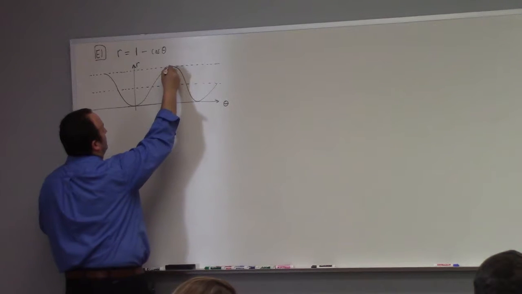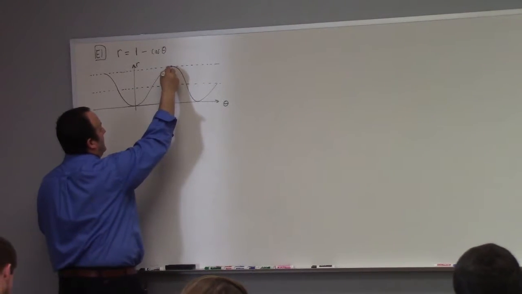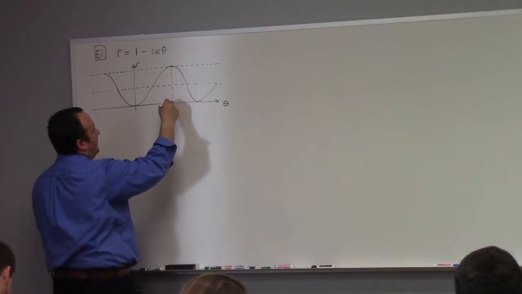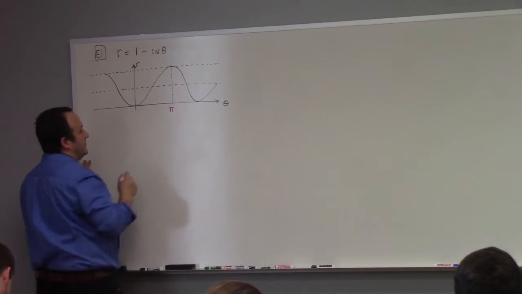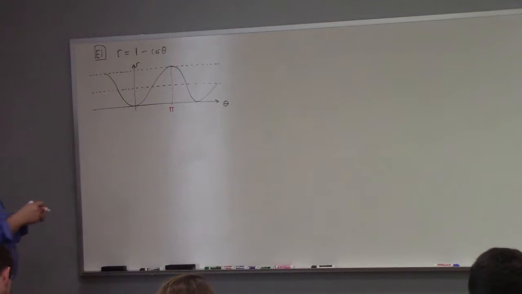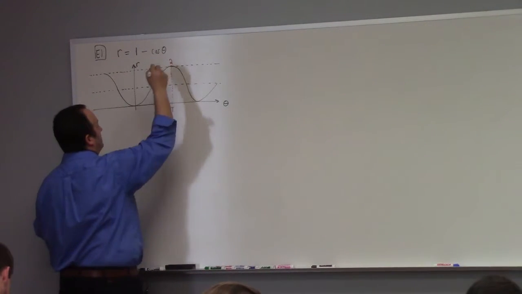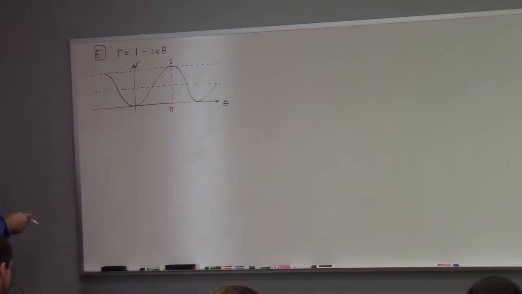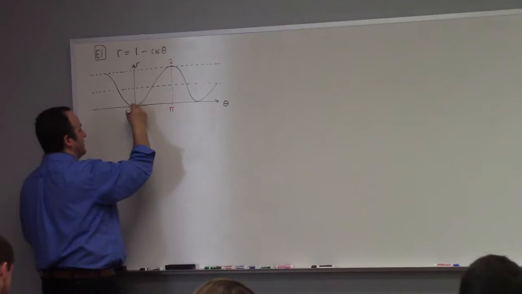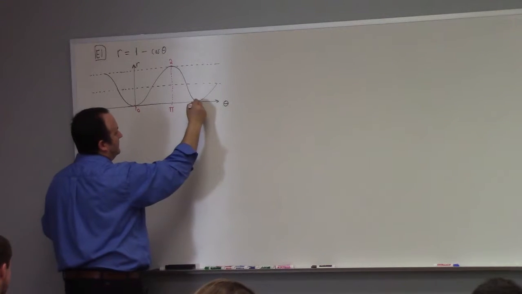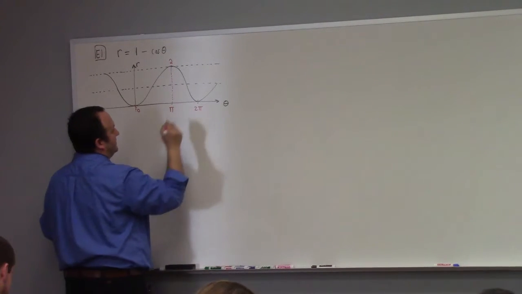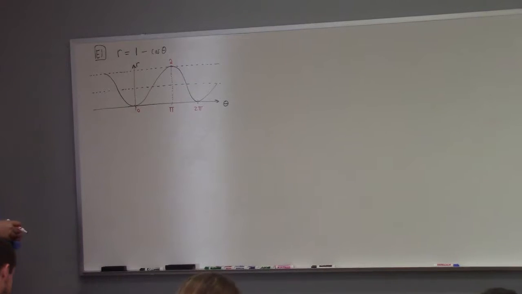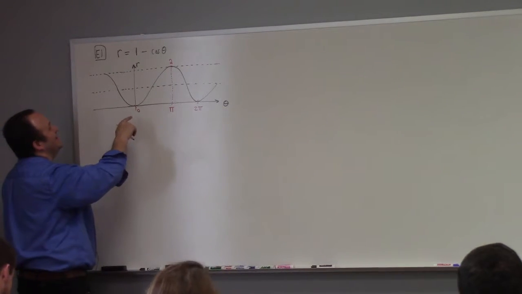So where is this? That's pi, right? At pi, we have r equals 2. And of course, this is 0, right? This is 2 pi. As you can see, my inability to maintain a linear scale on a graph persists to today.